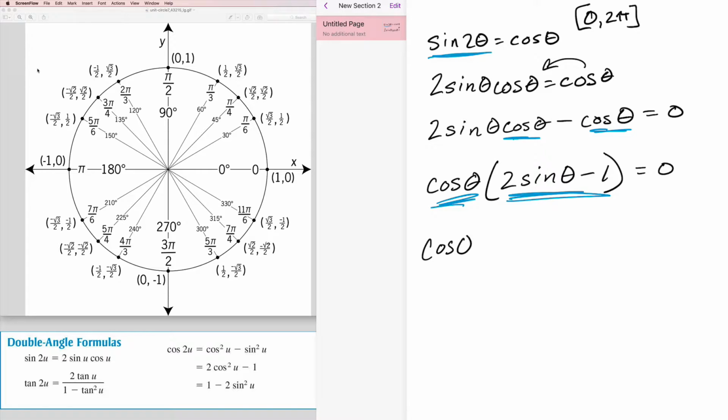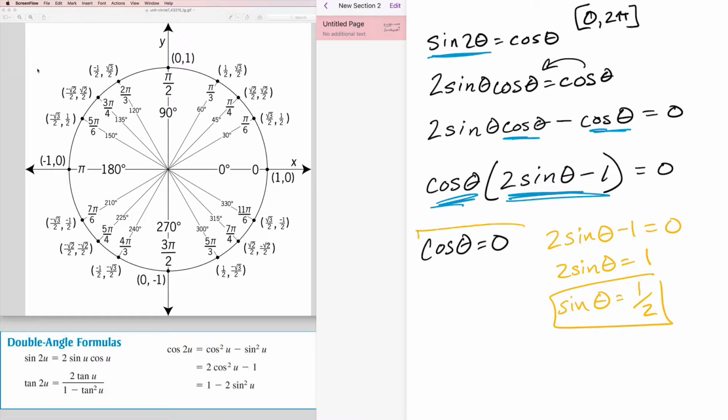So for cosine theta, well, cosine theta can equal 0. That one's easy. And then let me do it in a different color for sine. So do it in gold. 2 sine theta minus 1, to zero this out, we'll end up with 2 sine theta equals 1. And then finally sine theta equals 1 over 2.